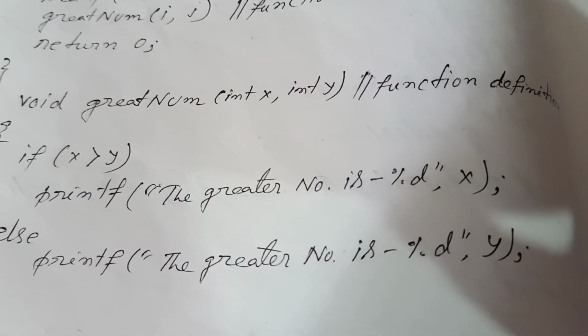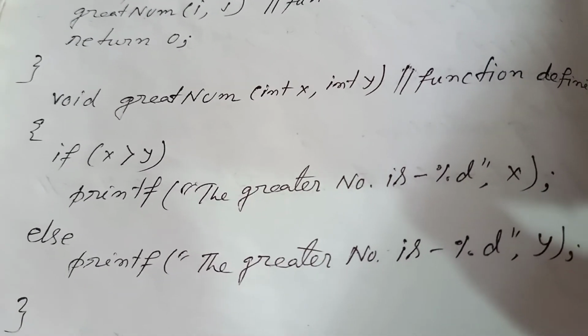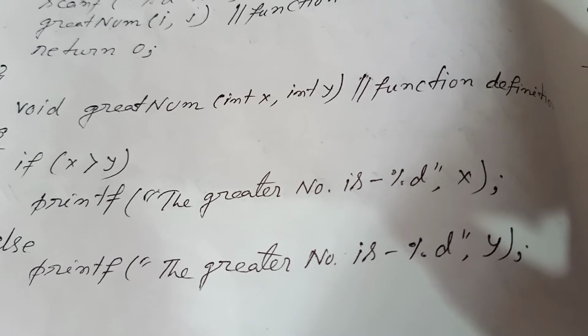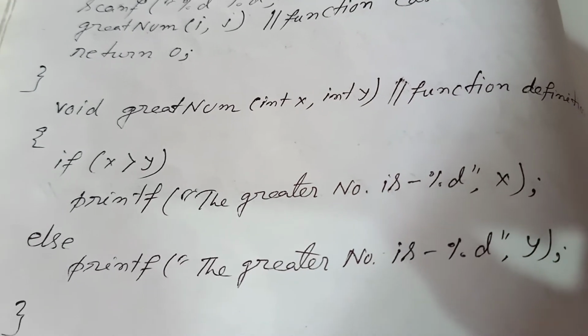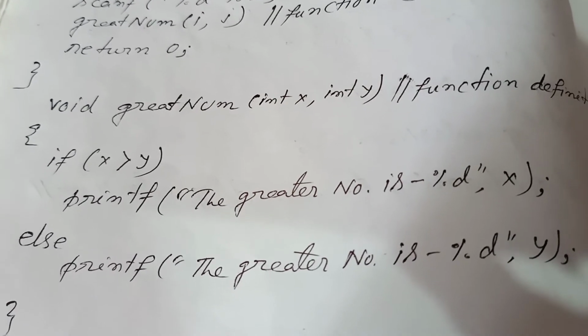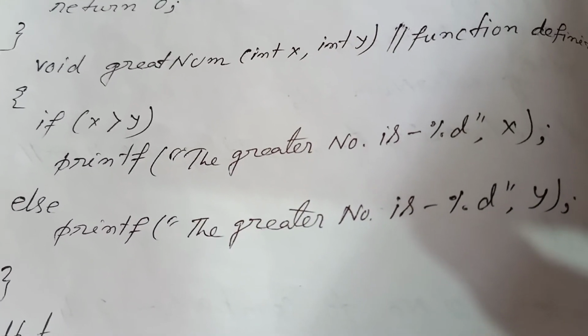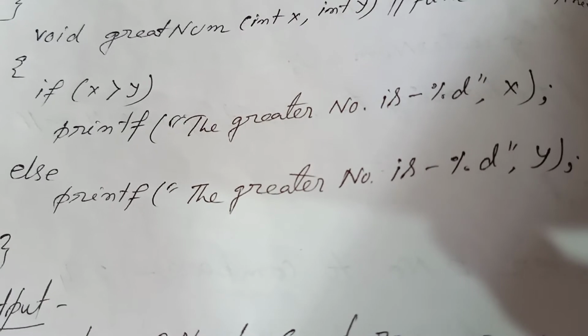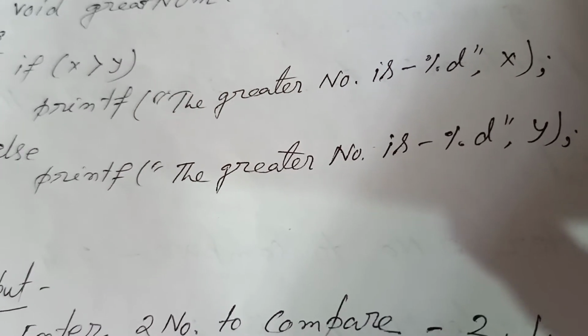Next, void greatNum of int x, int y is the function definition. If x is greater than y, printf the greater number is x, else printf the greater number is y.